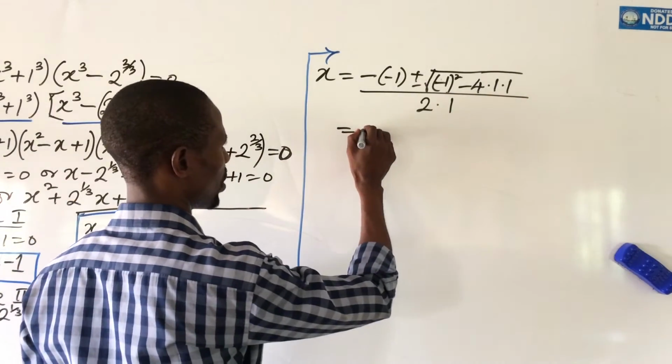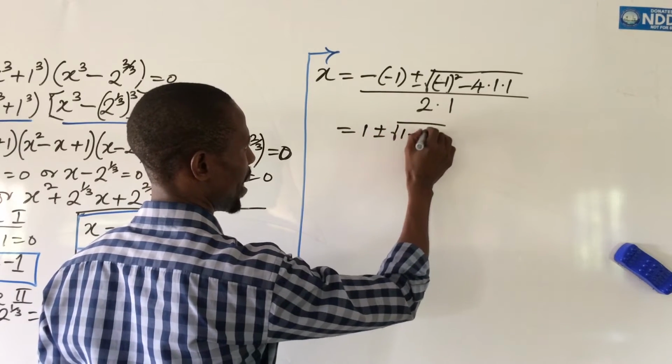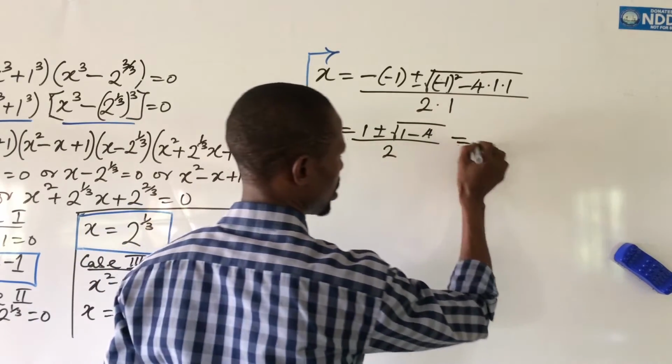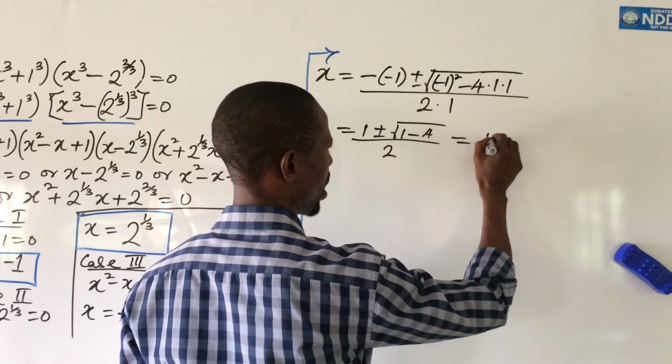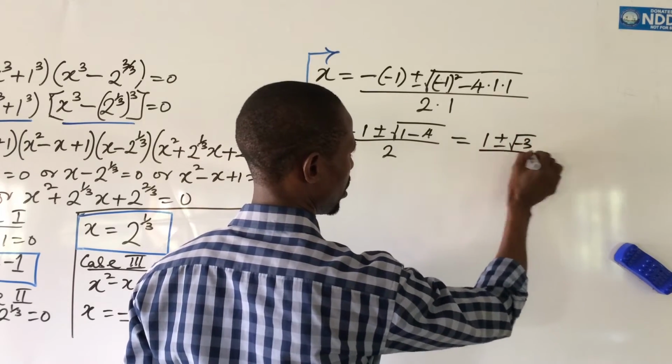So this gives us positive 1 plus or minus the square root of 1 minus 4, all over 2, which equals 1 plus or minus root minus 3, all over 2.